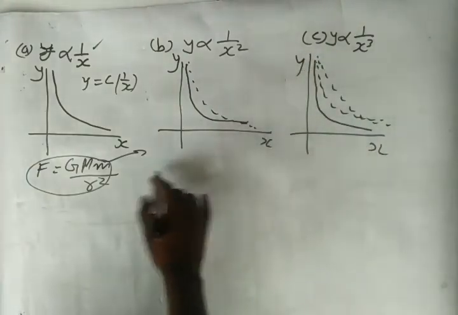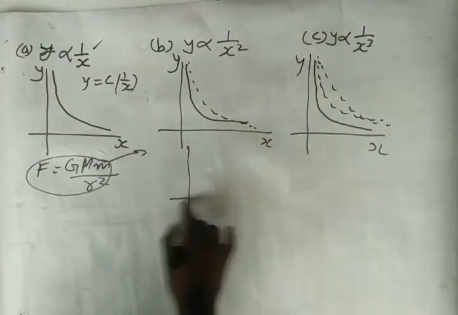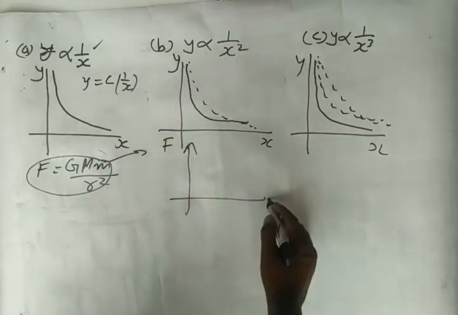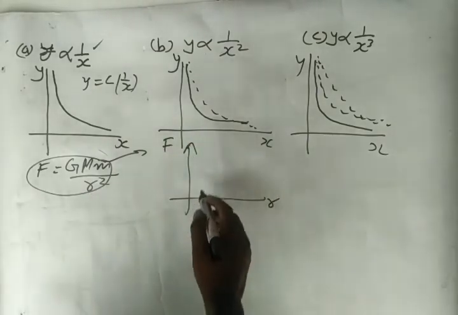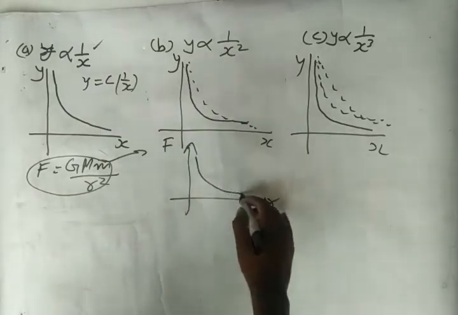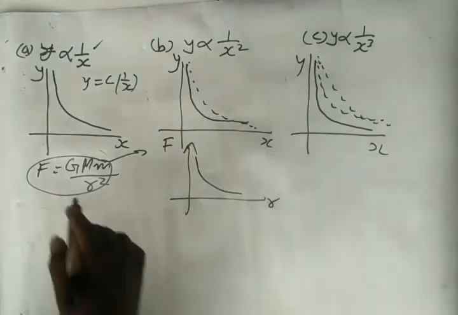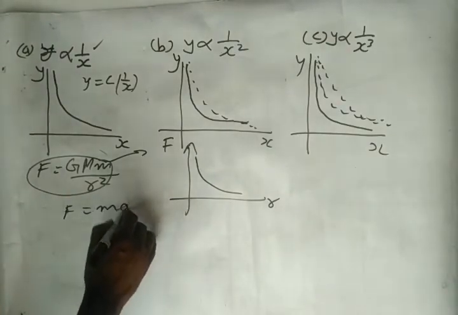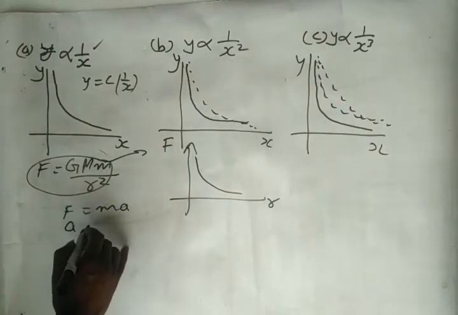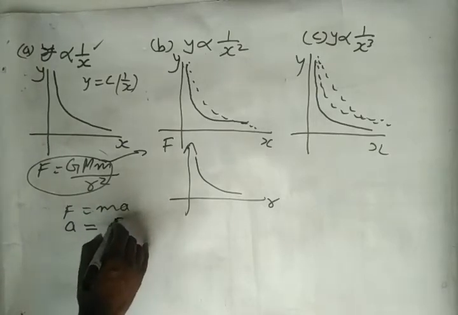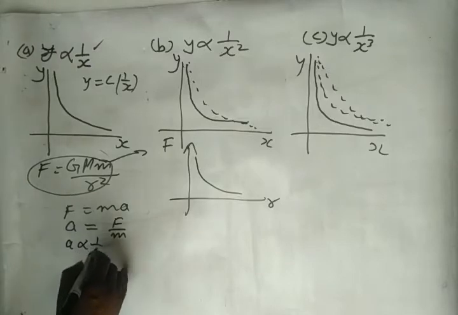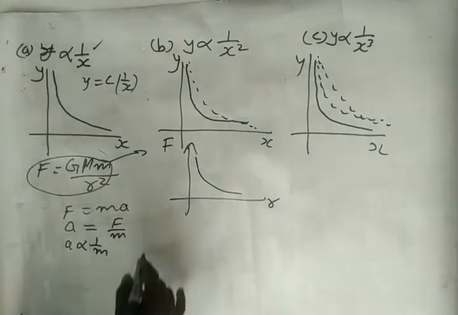So here, as I told you, if I want to draw a graph between f and r, that will go like this. Here I can tell you a graph like f equal to ma. So a equal to f by m, which means acceleration of a body is inversely proportional to its mass for a given constant force.